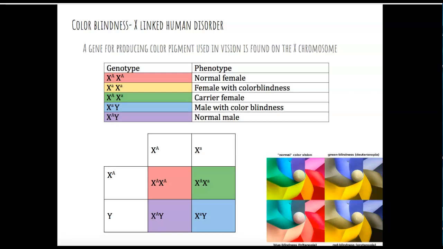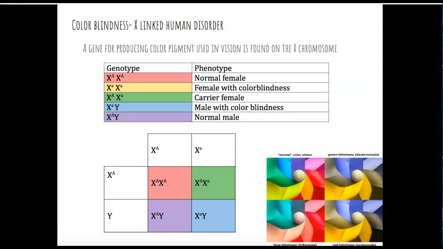So all it takes for a male to inherit an X-linked disorder is one bad copy of that gene. In this case, we have a male who has an X chromosome with a little a allele and then a Y chromosome. Therefore that male will have color blindness because he has only that one allele that codes for color blindness.